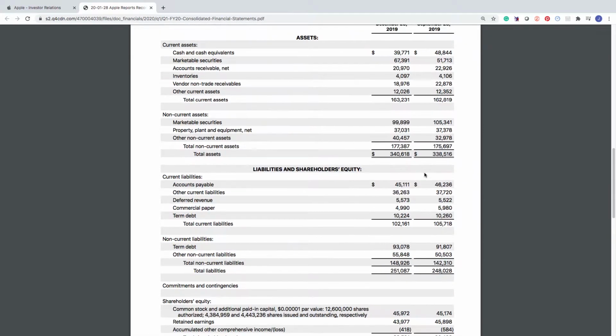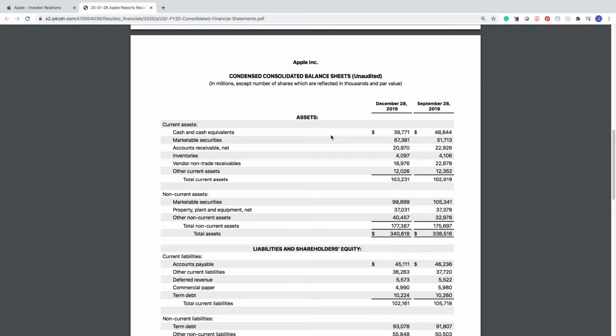Now, let's start first with the different assets, or the different resources that Apple reports on its balance sheet. These are the items from which Apple will derive profit or benefit in the future. So let's go over them one by one.